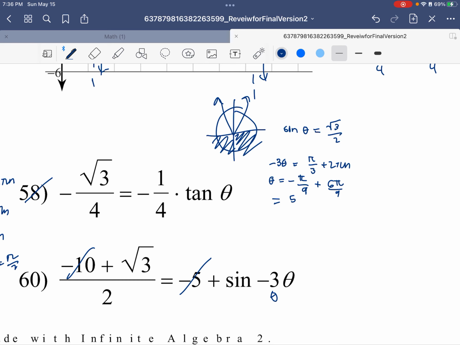Oh wait, I should show the steps. I'm going to keep doing it in my head. Okay, there we go. So let's plug in values now. Let's start with -1, because our solution can't be negative. And this is minus, so we need a positive number to make this positive.